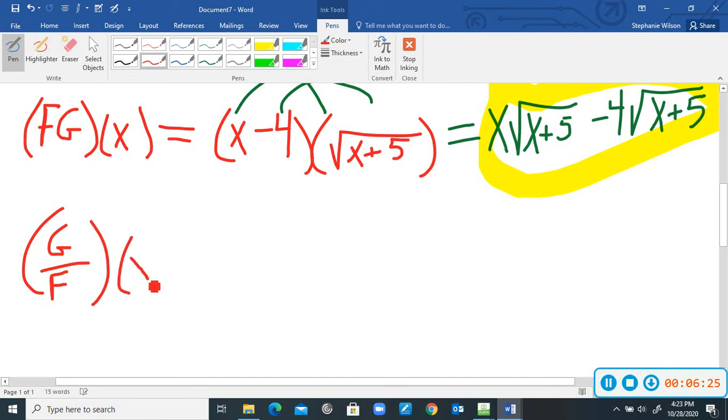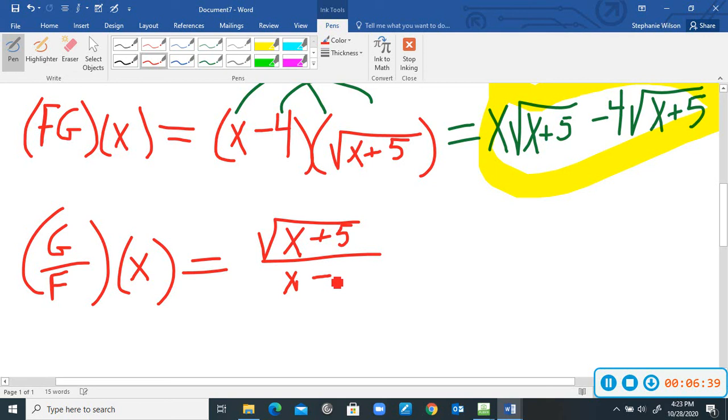Okay. So my G function is the root again, so it goes on top, all divided by X minus 4. We can't reduce, and there's nothing else we can do to it, so that would be my answer, and that would be the end of it.